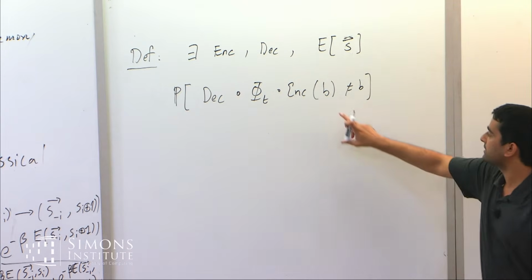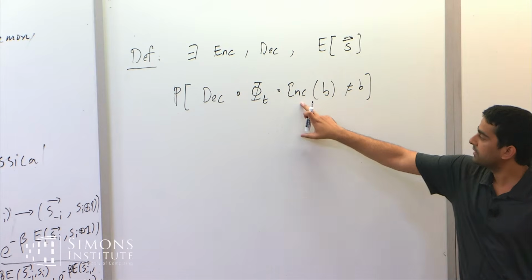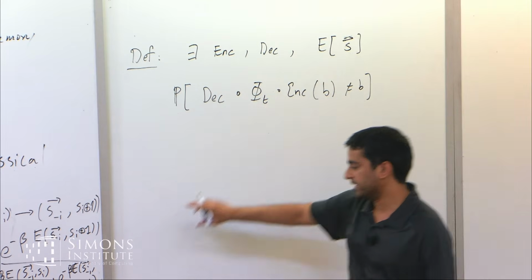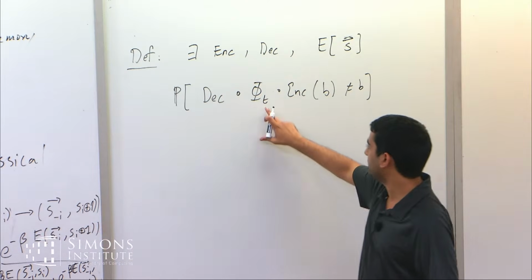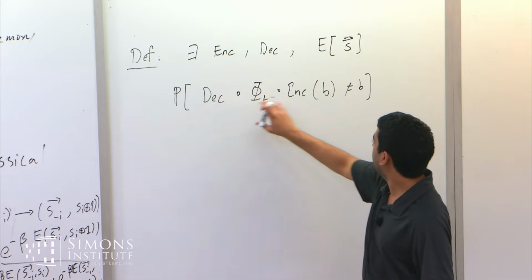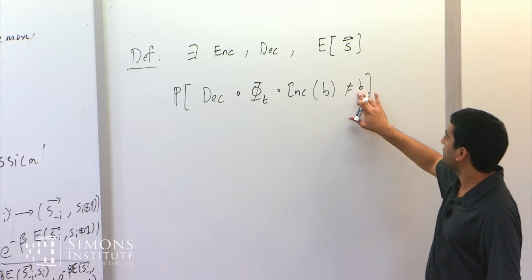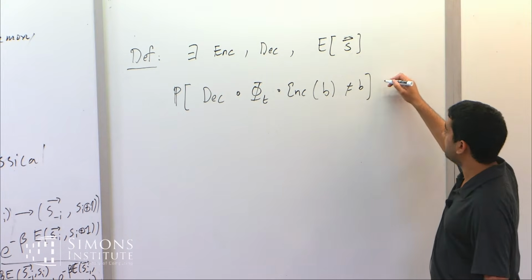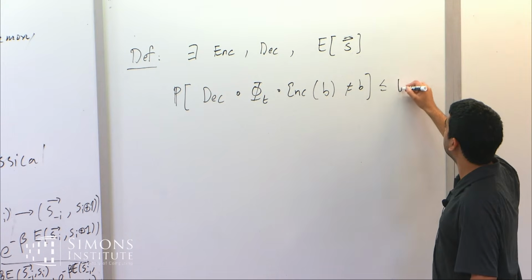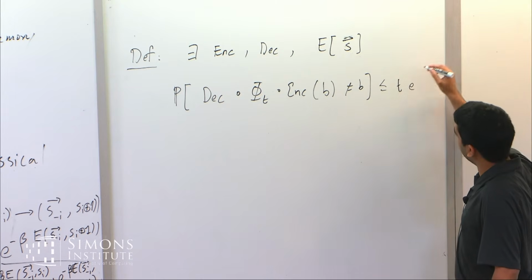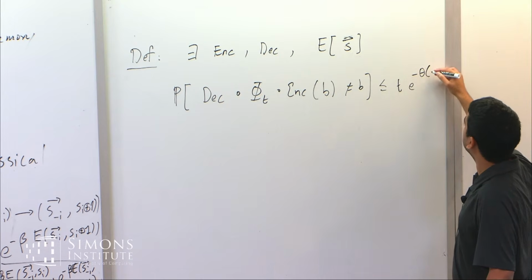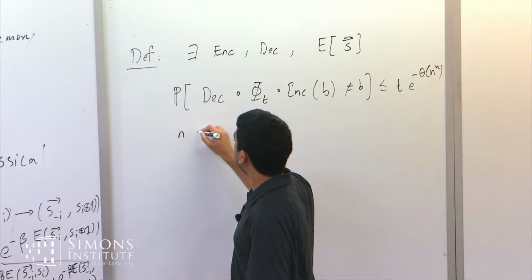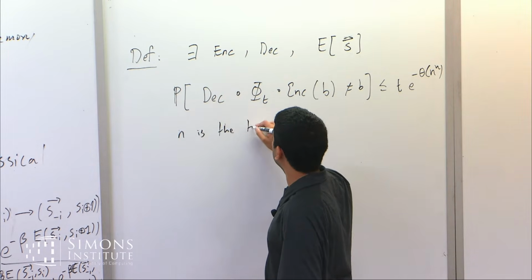So what this means is if I want to encode a bit, I run some Glauber dynamics or some kind of dynamics for some time t, and then I attempt to decode. And if the decoded value is not equal to this b, we want this probability to be very small, something like this, where n is the total number of spins.